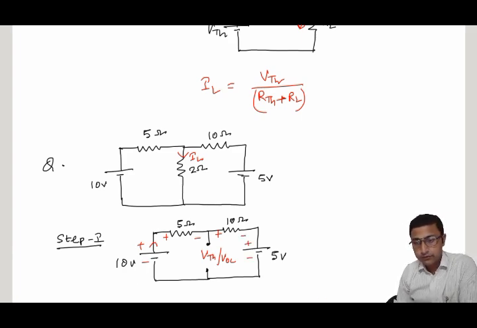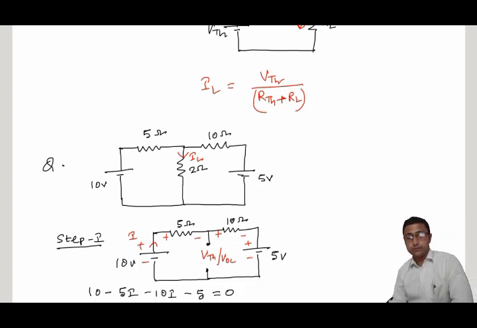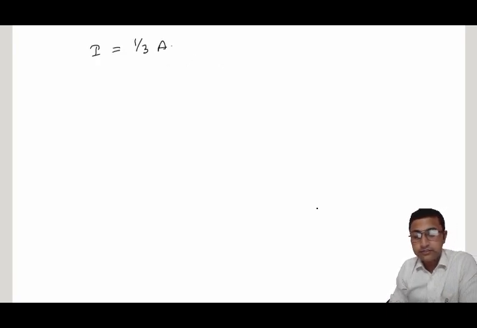Suppose the current flowing from the supply is I. Then the KVL equation is 10 minus 5 into I minus 10 into I minus 5 equals 0. By solving this, you will find I is 1 by 3 ampere.